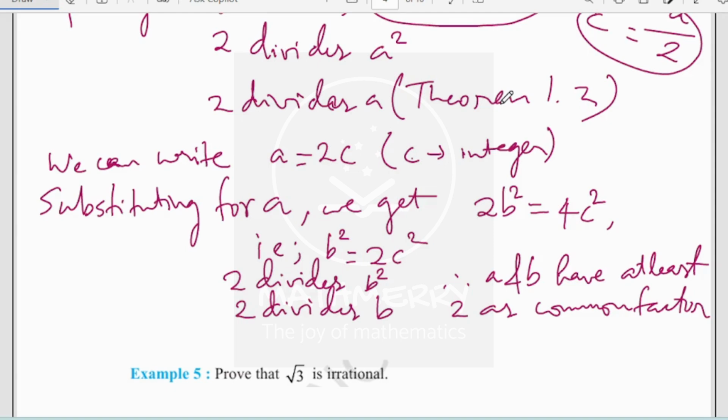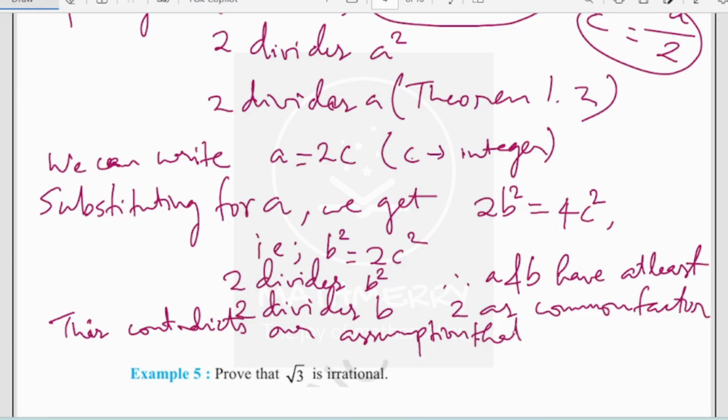So root 2 is irrational. This contradicts our assumption that A and B are coprime. So root 2 is irrational.